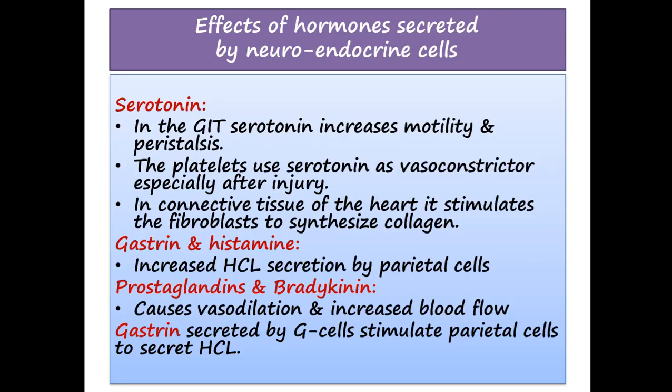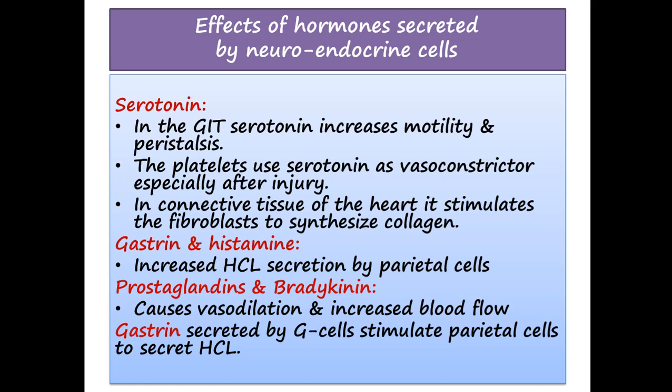So collectively, if we summarize the effects of the hormones secreted by the neuroendocrine cells, we talk about the serotonin, which is an important component, and its excess secretion will cause certain symptoms. In the gastrointestinal tract, as I mentioned, serotonin increases the motility and peristaltic contractions, and it will result in diarrhea, which is a component of the carcinoid syndrome.